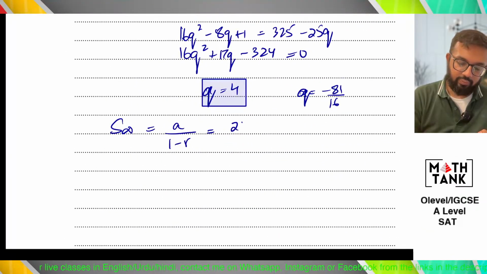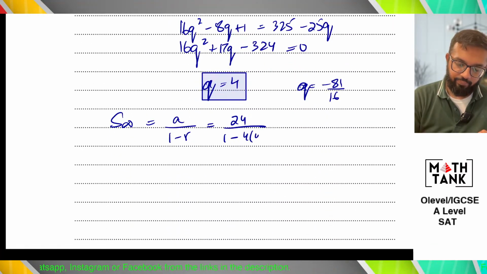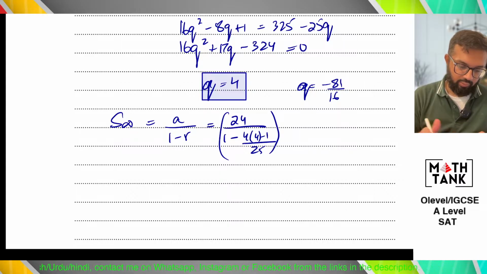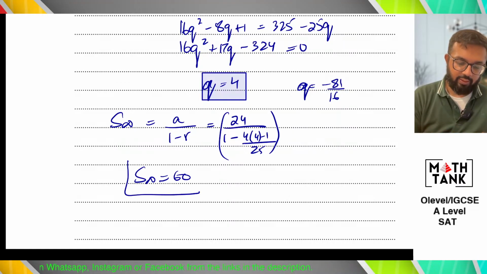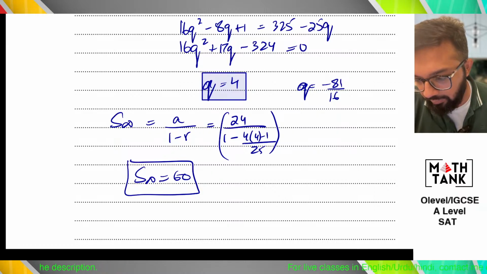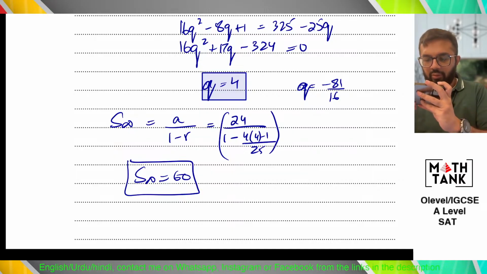With 25, and 1 minus r being 4q minus 1, 4q gives me 60. The sum to infinity is 60. Okay.